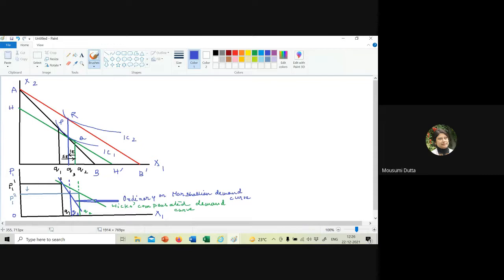The total effect is still giving us an increase in quantity demanded. So there is an inverse relation between price and quantity demanded, and therefore the Marshallian demand curve is still negatively sloped. It is steeper than the Hicks compensated demand curve, however it is negatively sloped. Okay, so are you understanding everything?